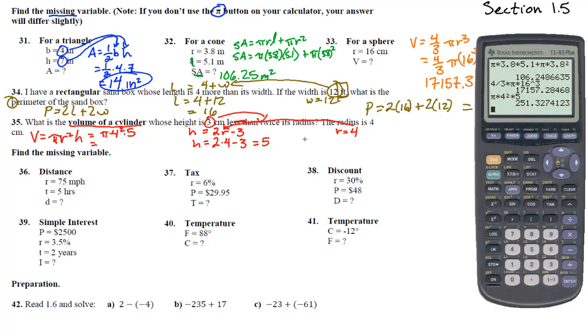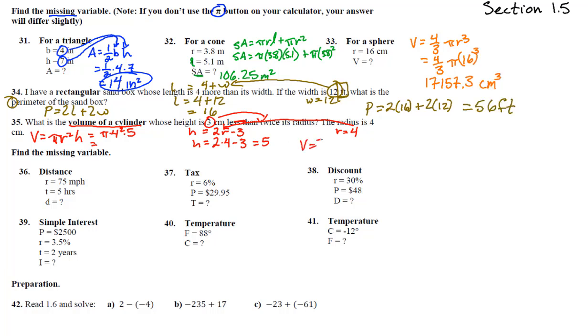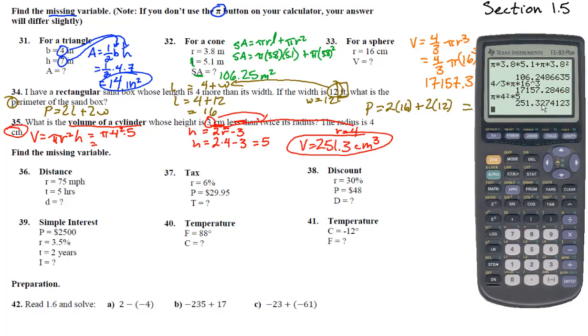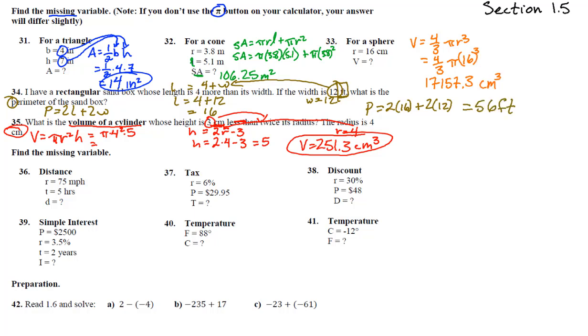All right, so volume is going to be 251.3, and now we're in volume, so the unit, we have centimeters for length, so this is going to be centimeters cubed. Again, volume, notice that it's cubic centimeters that we're dealing with here. Good deal. All right, number 36. Find the missing variable, distance.